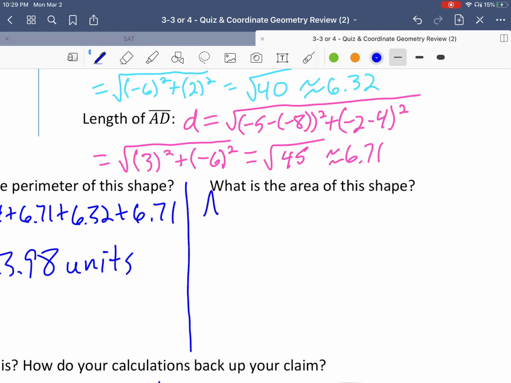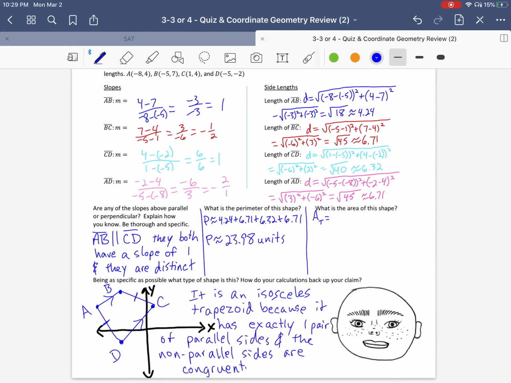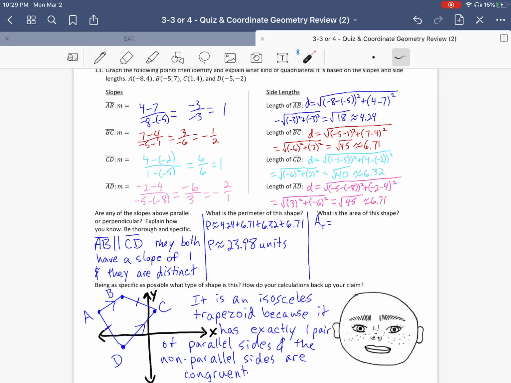The area of a trapezoid is equal to, so let's call this B1, the base, and call this B2, the second base.